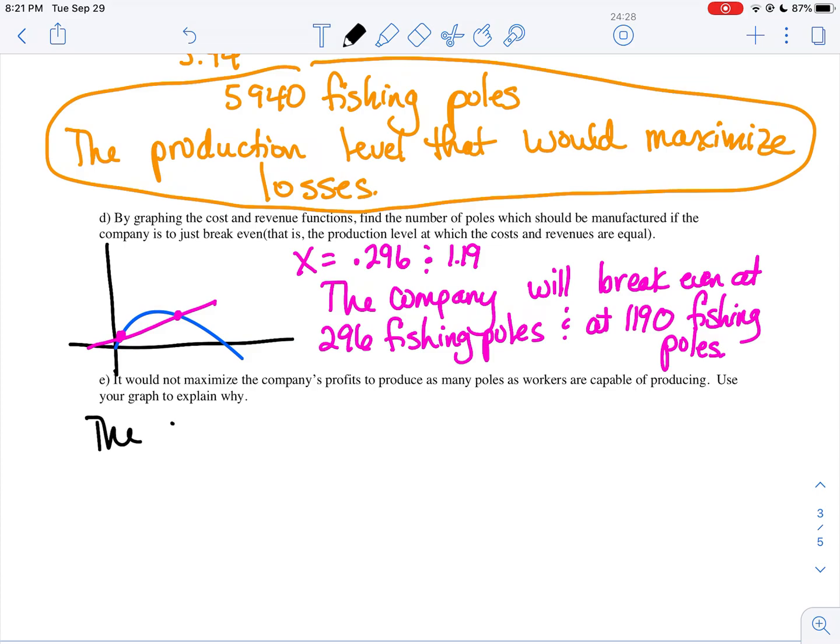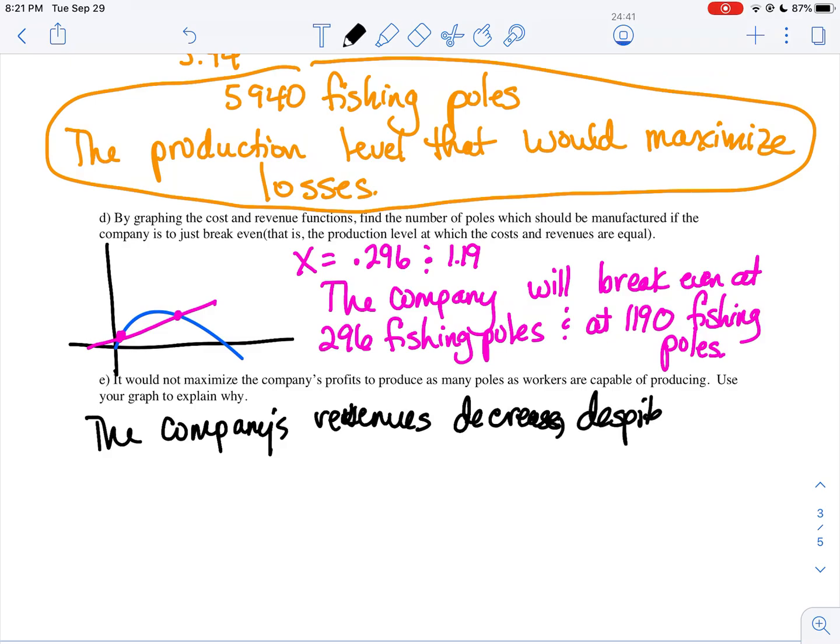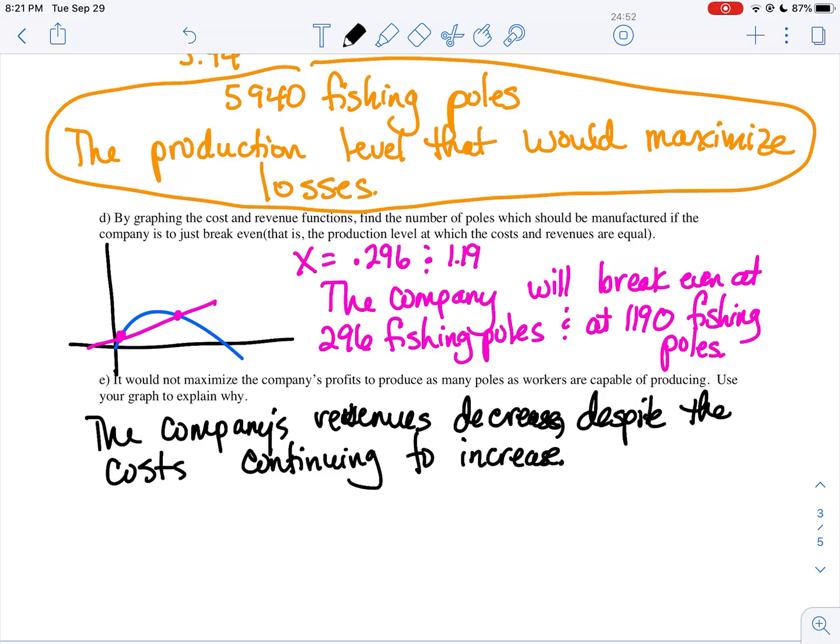Well, the company's revenue decreases despite the costs continuing to increase.